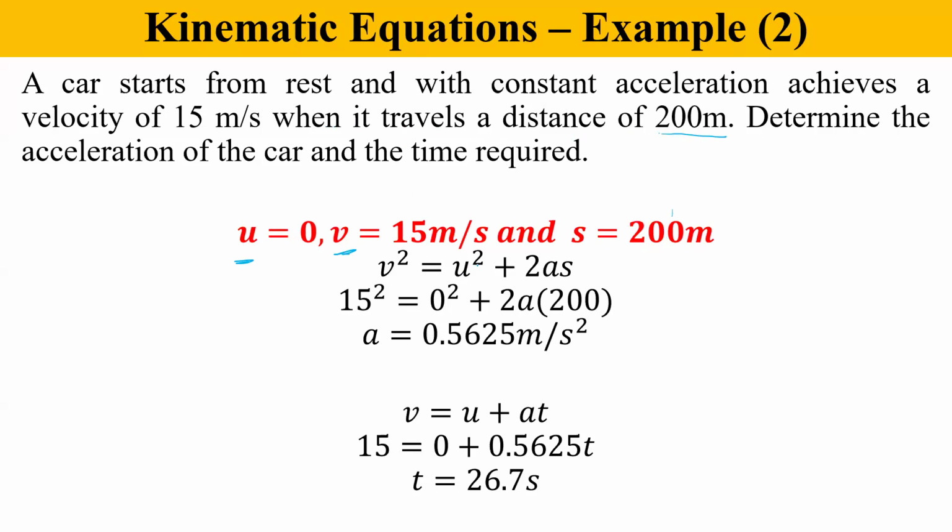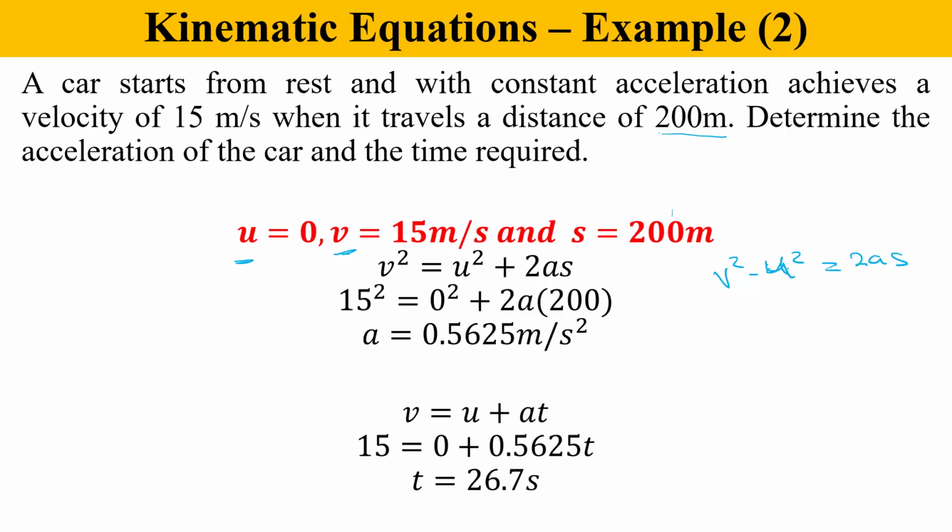Right? So here now we see our final equation of motion that we did is quite useful for us. So what is it that we need? We must determine our acceleration. So you go again and you say v squared minus u squared, because you're going to take the u squared over, will give you 2as.